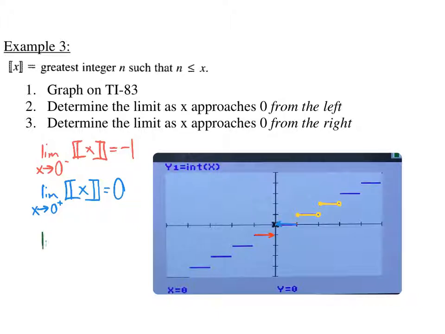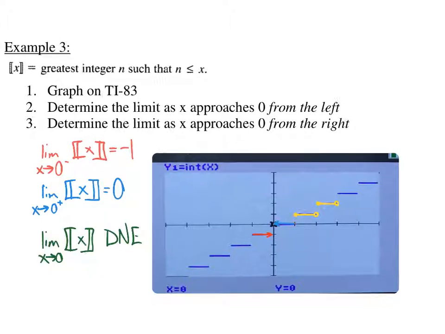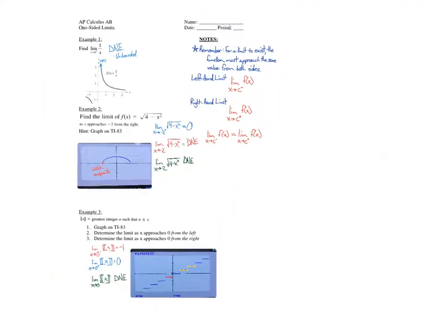If I say just the limit as x approaches 0, that will not exist because the left and right hand limits are not equal. Taking our time on this, but I want you to get used to the notation, and to thinking of that idea of approaching.